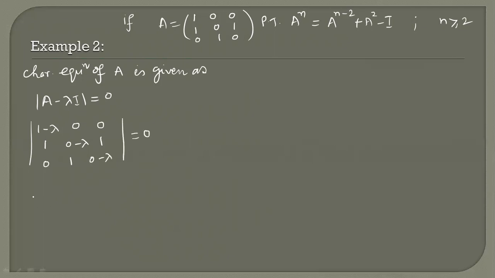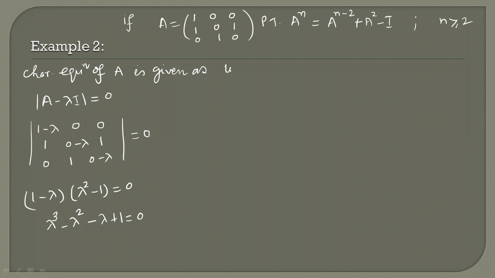If you expand with respect to R1, you will get (1 minus lambda) times (lambda square minus 1) equal to 0. If you multiply and take the minus sign common, it will be lambda cube minus lambda square minus lambda plus 1 equal to 0.